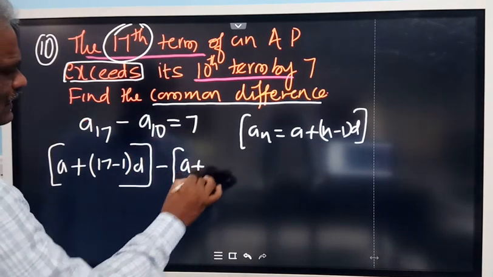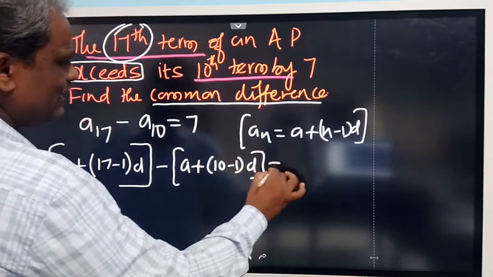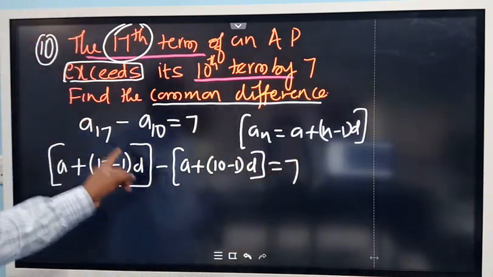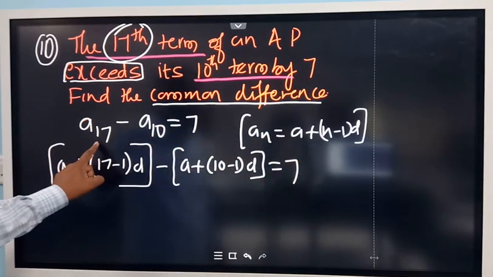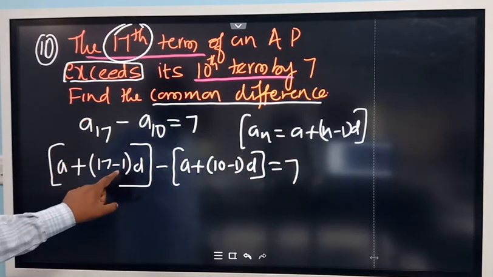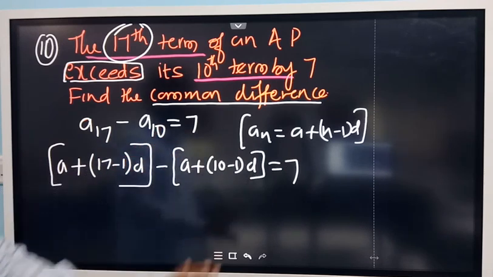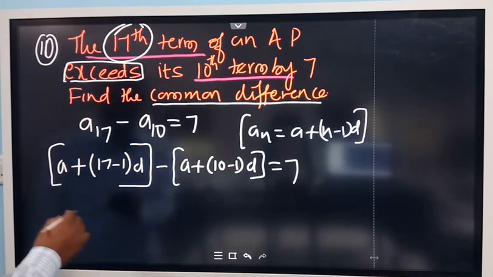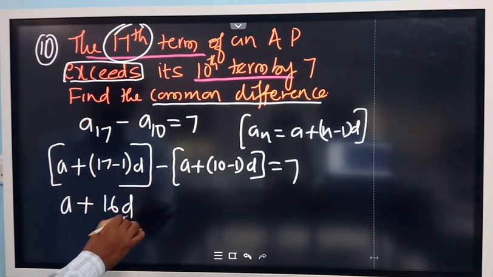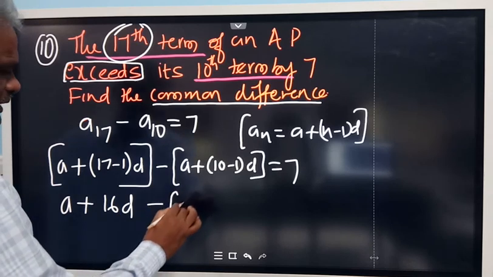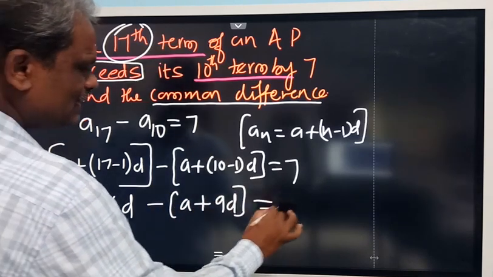It is a plus 10 minus 1 into d, and it is equal to 7. We have substituted the values using this formula. We know n value here is 17, so 17 minus 1. Here n value is 10, so 10 minus 1. So this we substituted. Let us simplify this one. A plus 16d minus, a plus 9d, and the result is equal to 7.